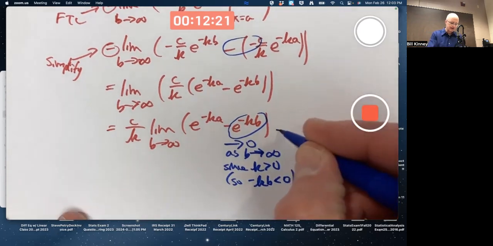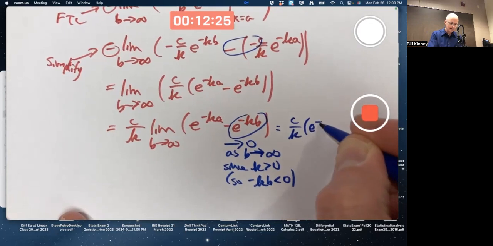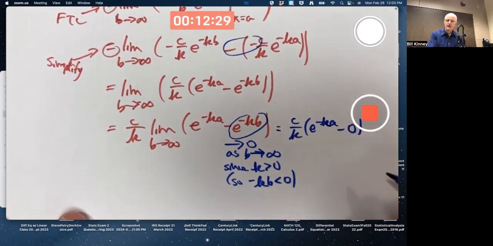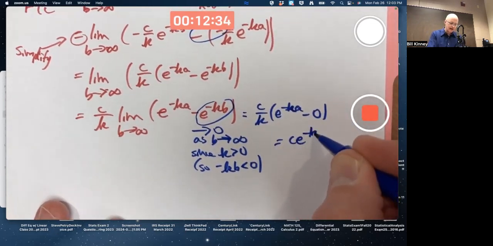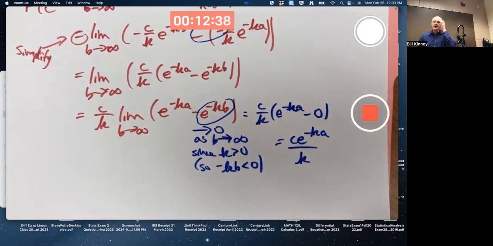You can now replace that with 0 and take the limit. The limit sign goes away. You simplify a little bit, you get c e to the negative ka over k. Still a complicated expression for this limit, but the point is, it's a number.